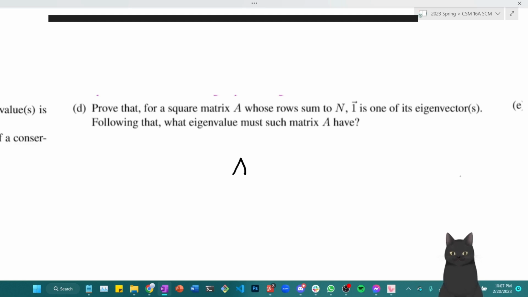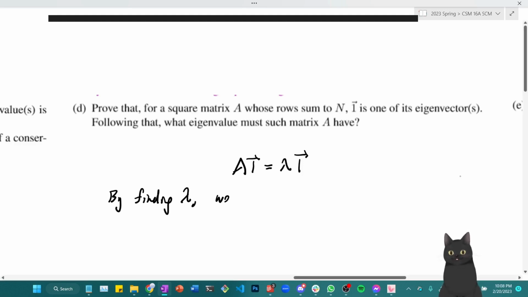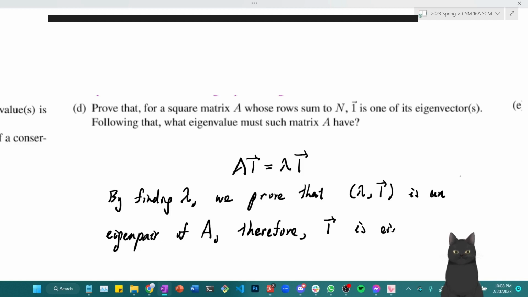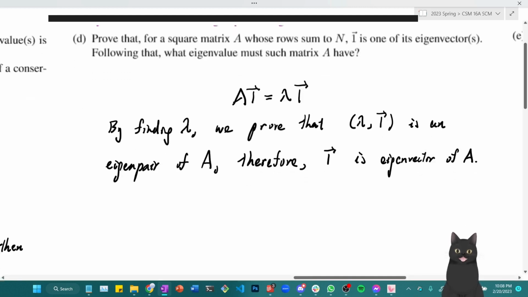In that case, let's really quickly review what we have done in part B. In part B, we tried to formulate an equation A times vector 1 is equal to lambda times vector 1, and by finding lambda, we prove that lambda comma vector 1 is an eigenpair of matrix A, therefore vector 1 is an eigenvector of A. So now let's try to find lambda.